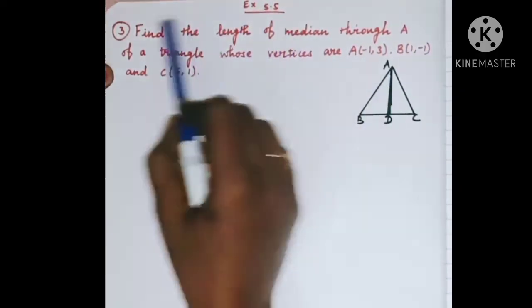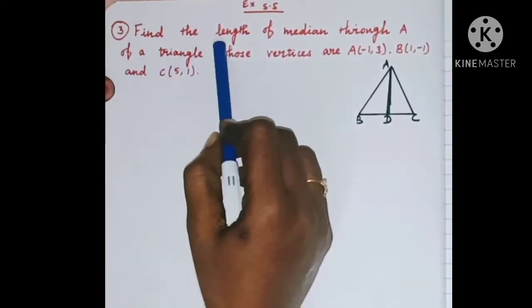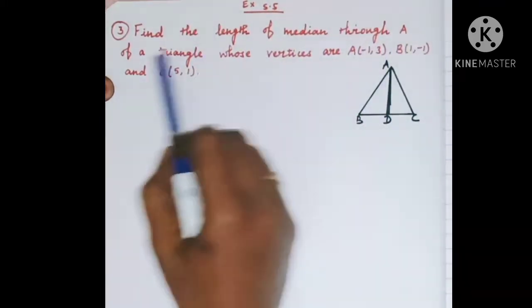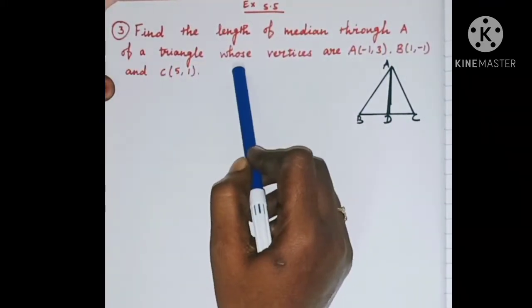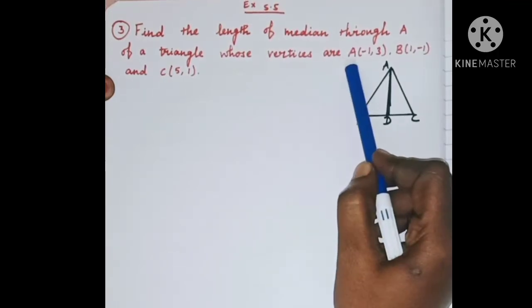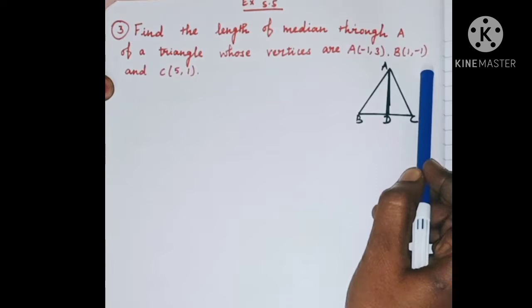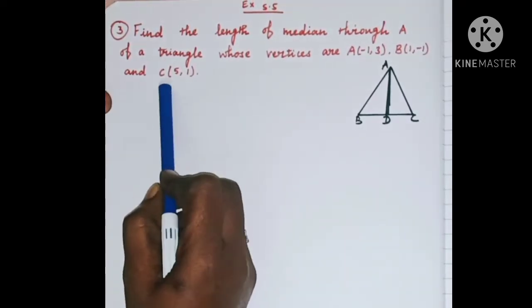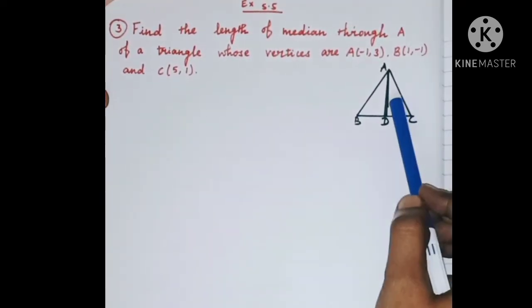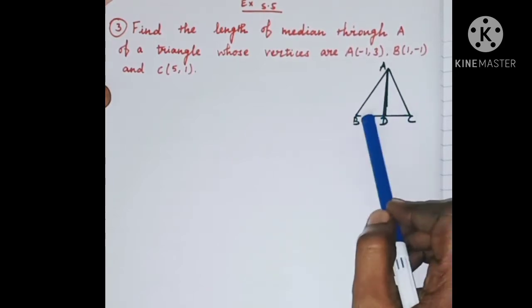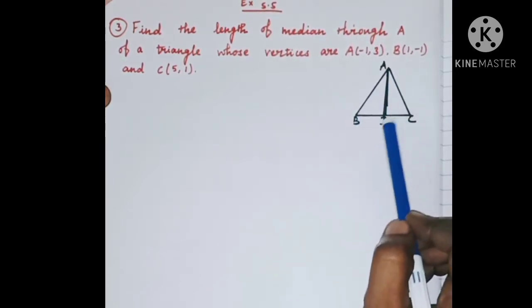Exercise 5.5, third sum. Find the length of the median through A of a triangle whose vertices are A minus 1 comma 3, B 1 comma minus 1 and C 5 comma 1. Here is the triangle ABC.